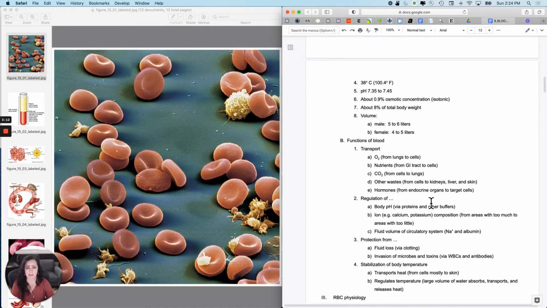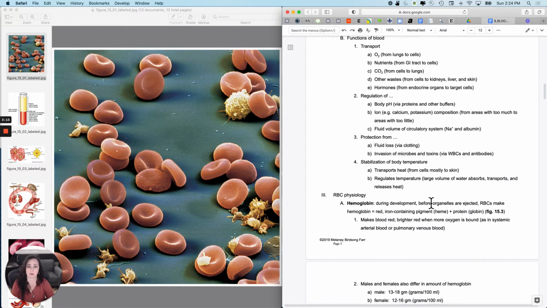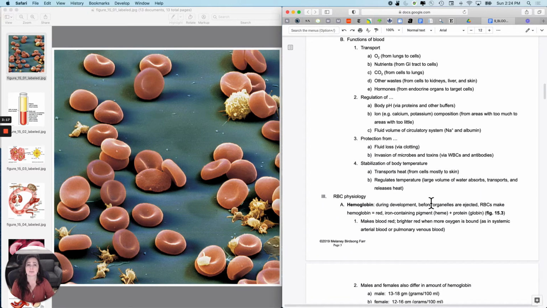Okay, so just a little bit about functionality. Most of this stuff you already know, but blood is transporting things from point A to point B. Oxygen from where, of course, you absorb it at the lungs, the pulmonary capillary beds, to every cell in the body for aerobic cellular respiration.